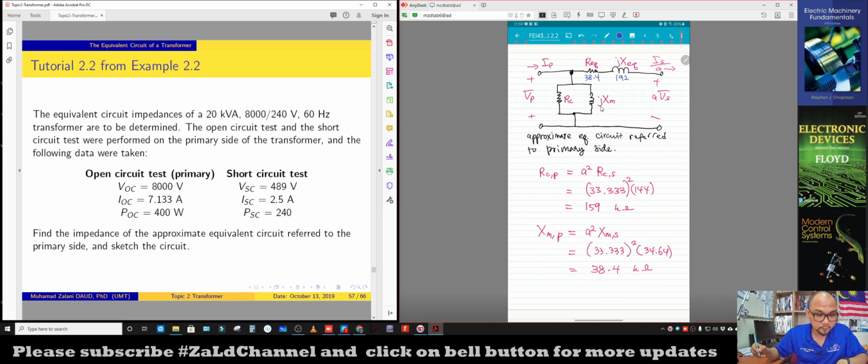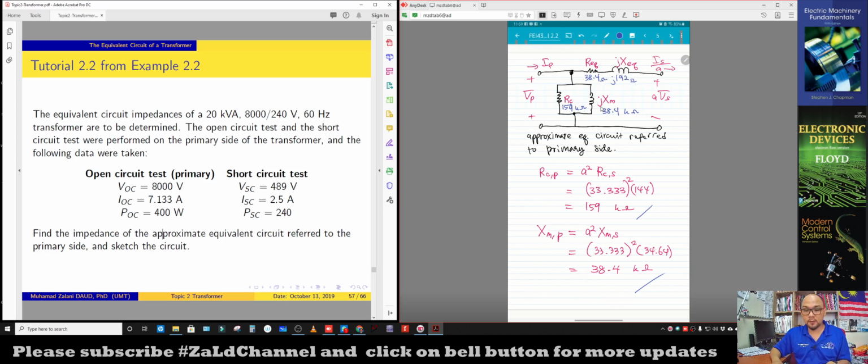Then RC is 159, XM is 38.4, kilo ohm. Just make sure you write the symbol as well, so that it will not confuse. All right, we have finished calculating all of those values.